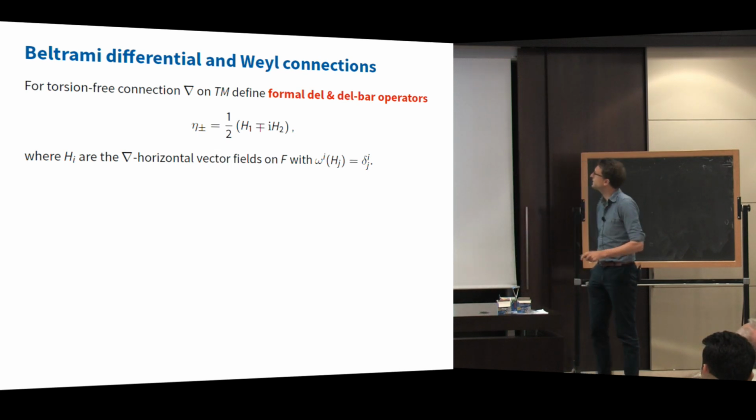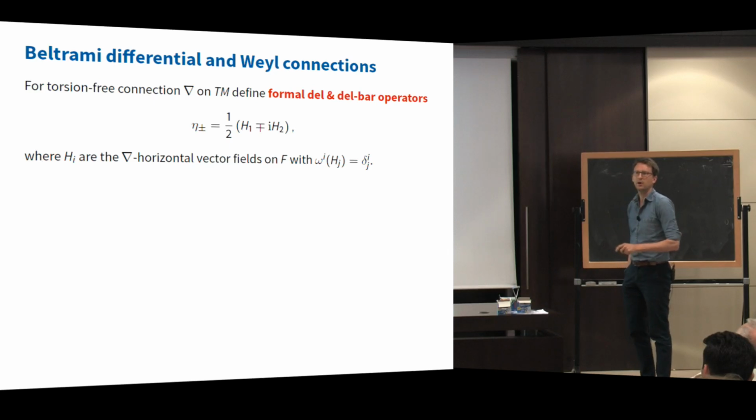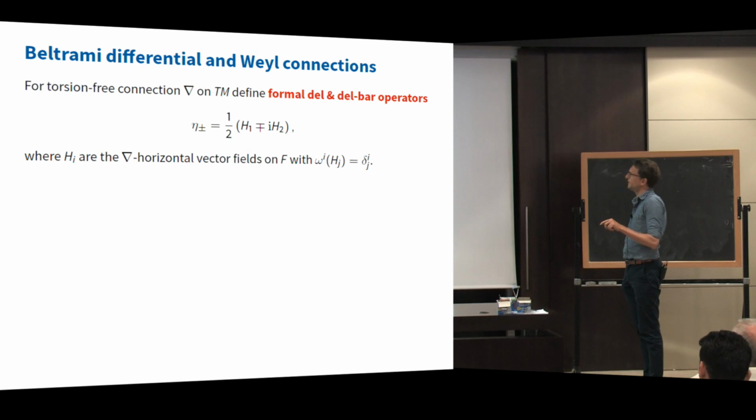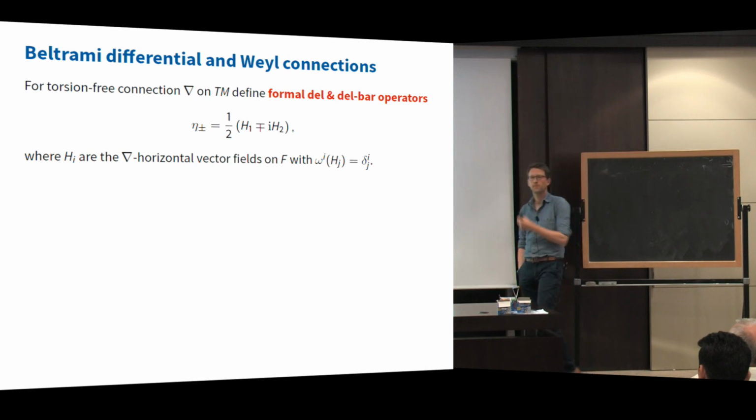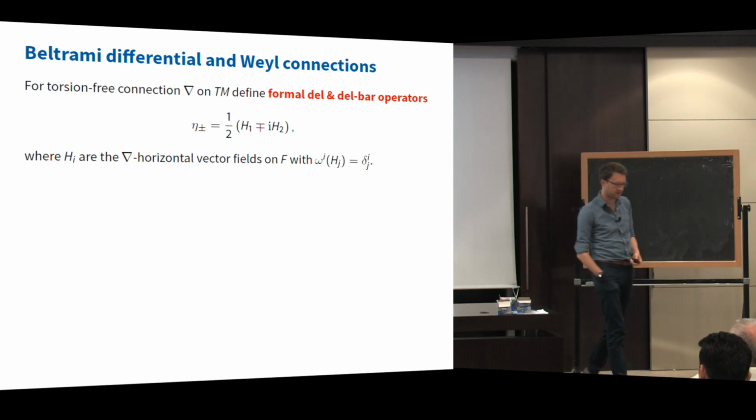Why do I call these formal del and del bar operators? What are these vector fields here? We have a connection, so we have a horizontal space, and in particular we get two vector fields that have the property that evaluated on the tautological form, we get delta ij. So these are distinguished vector fields.